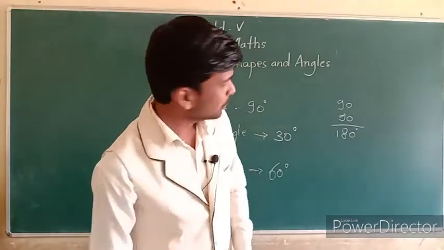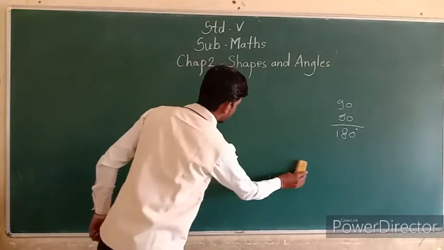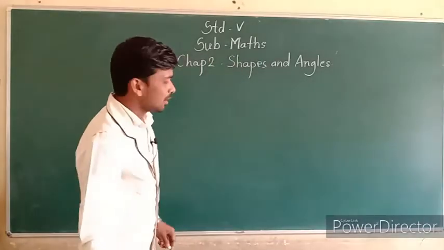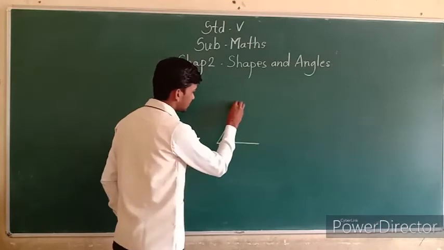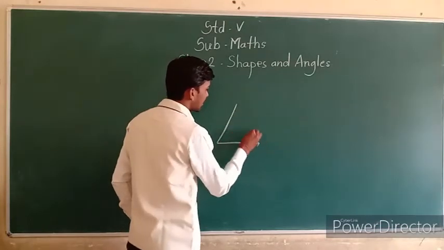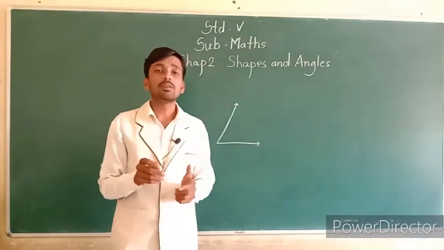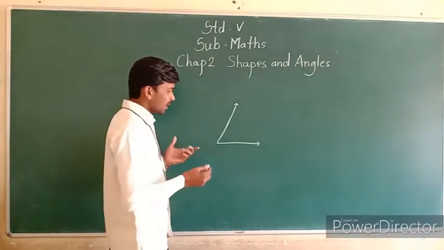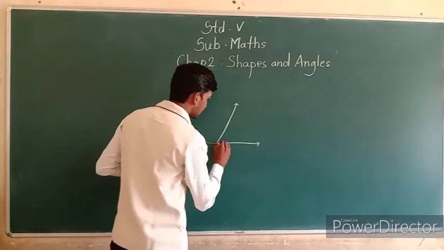See, I can show you. Here I will draw one angle. This is an angle, okay. How to measure? By using that D, means protractor, okay. You can put this here at the last. I will draw that protractor here.